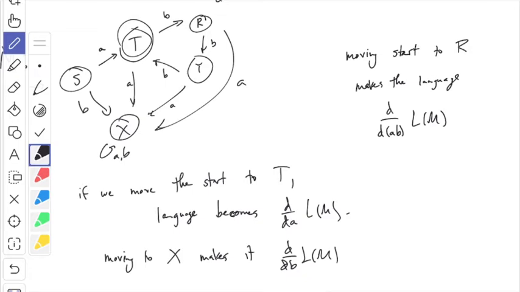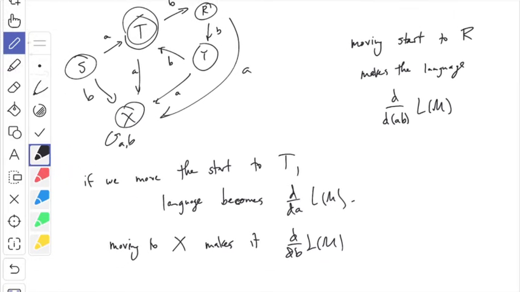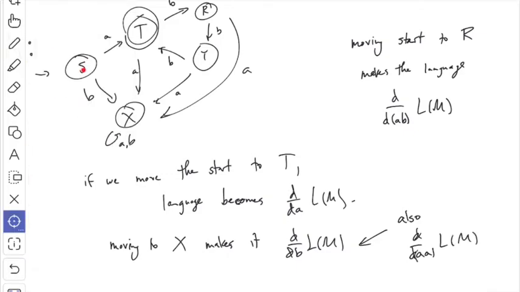This means there are some other interesting things you can say. For example, moving the starting state to X makes it D_B of L of M. But this is also D_AA of L, because one way to move to X from the starting state is to go across the B, but you can also move to X by going to A and then this A. And if you believe everything I said, these two derivatives must be equal.